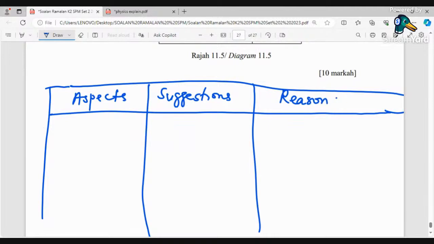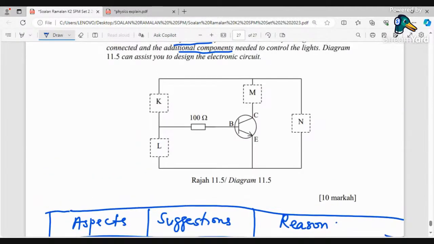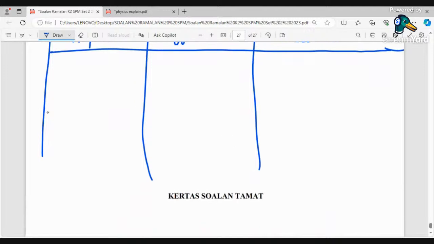Okay, yang pertama kalau you tengok di atas, dia nak you KLMN. So, apa komponen dekat K, dekat L, dekat N, dekat M. Dan last sekali, satu lagi aspek, yang kelima ialah connection of the lamps.